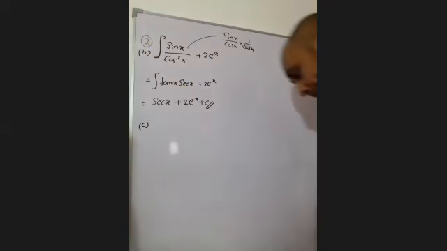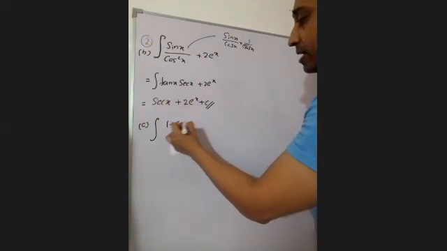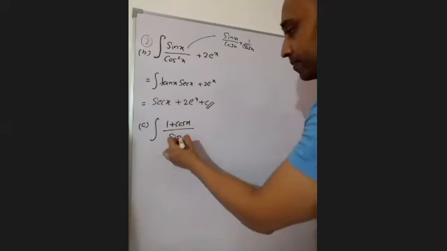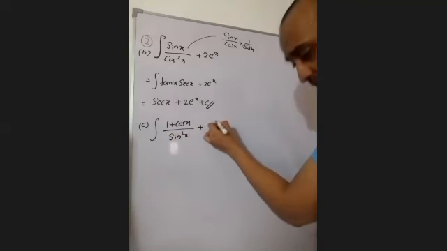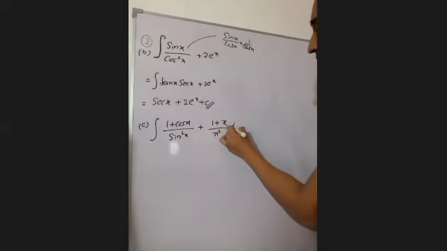Part C is the integral of 1 plus cos x over sin squared x, plus 1 plus x over x squared, dx. In this situation, the same technique we use.